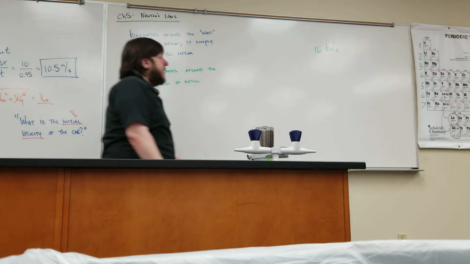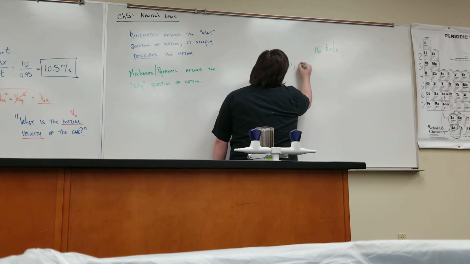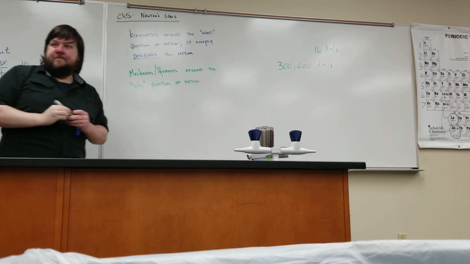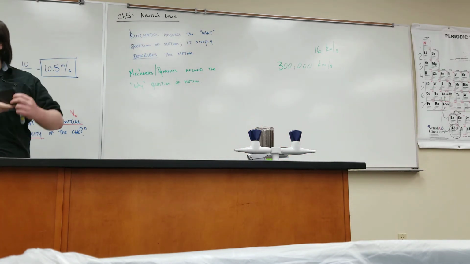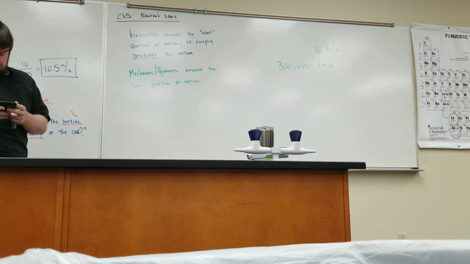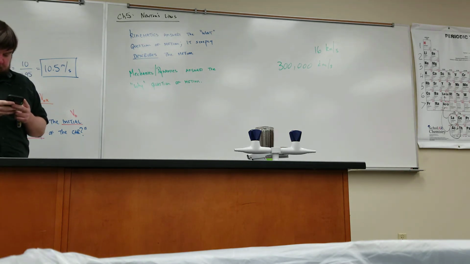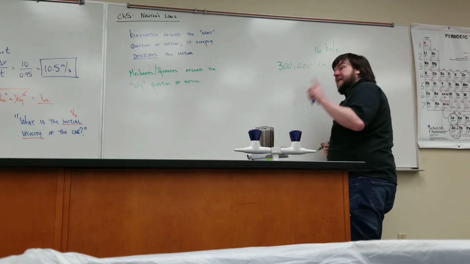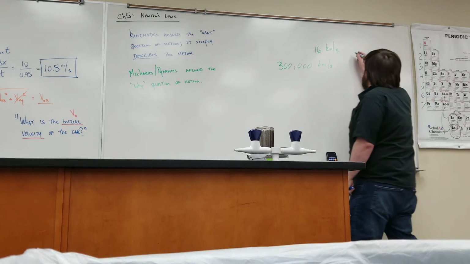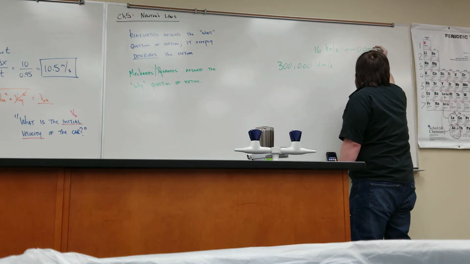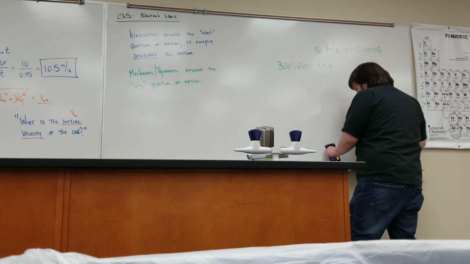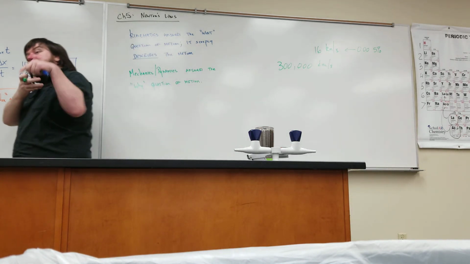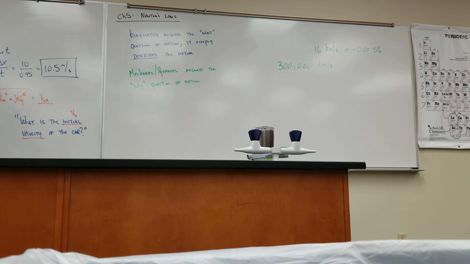But the speed of light is 300,000 kilometers per second, which is much, much faster. 16 divided by 300,000, times 100 to convert to a percentage, means that New Horizons, the fastest thing that we have ever built, traveled at 0.005% the speed of light. So even today, we are nowhere near achieving speeds close to the speed of light.